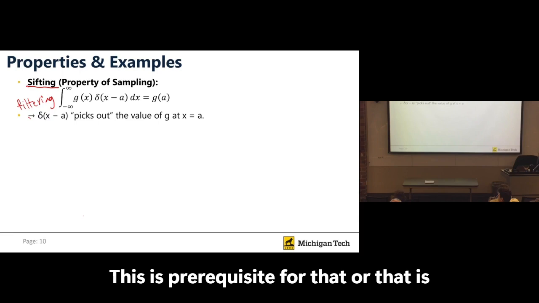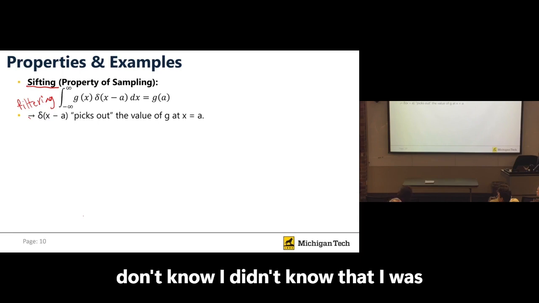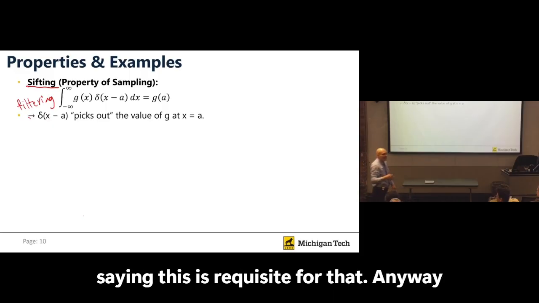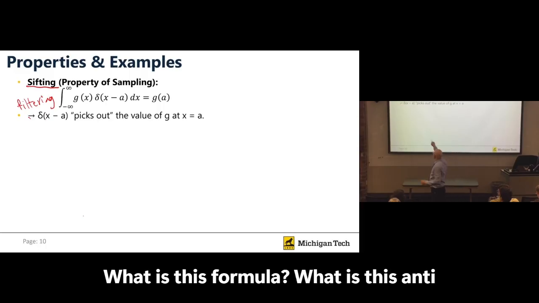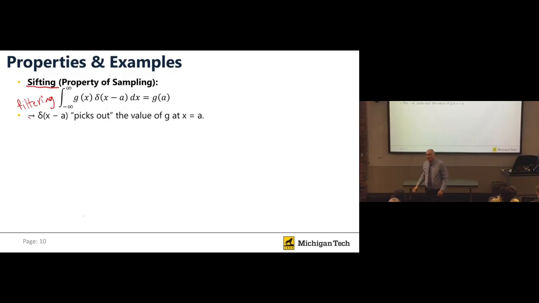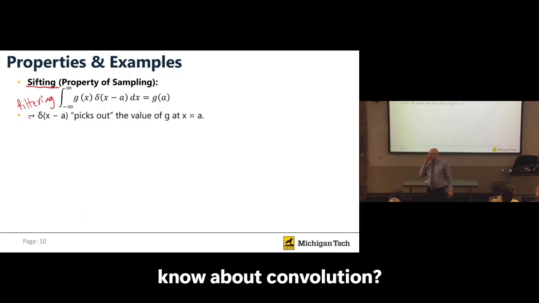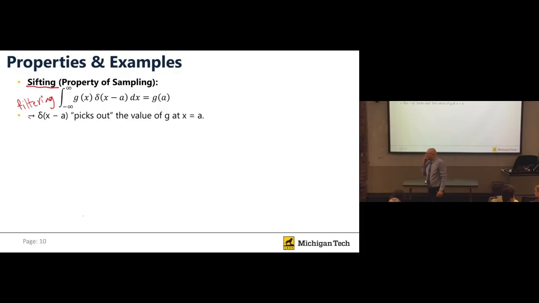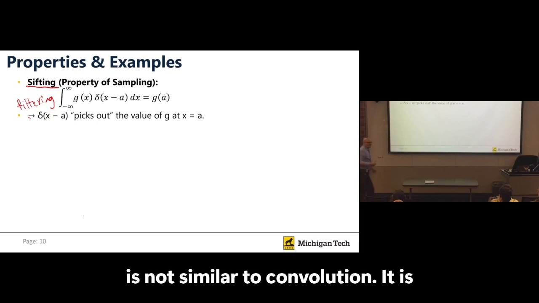Is this a prerequisite for that, or is that a prerequisite? I was thinking this was a prerequisite for that. Anyway, any idea what this looks like? What is this integral? Do you know anything about convolution? This is similar to convolution, actually.